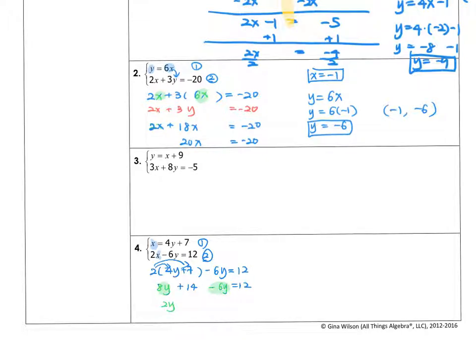Let me change it to blue. 2y left plus 14 equals 12. And if I subtract 14 now, I should have 2y left. And then the plus 14 minus 14 cancels each other out. On the right-hand side, I have negative 2. And if I divide by 2 on both sides, I have y equals negative 1.